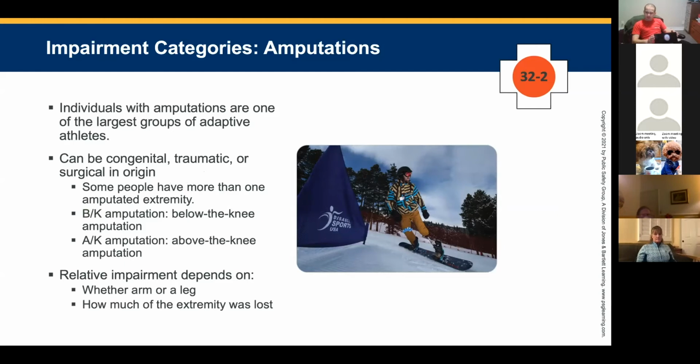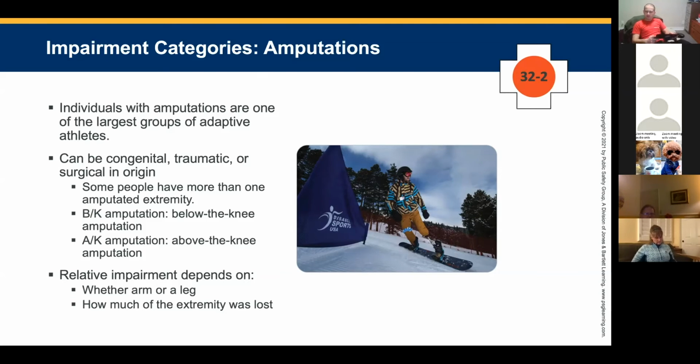So the relative impairment depends on whether it's an arm or leg and how much of the extremity was lost. Usually when they amputate, they try to amputate as little as possible. So what ends up happening is that you may see somebody that has an ankle amputation, or somebody that has half of a calf amputation.